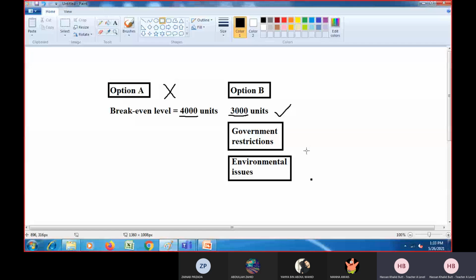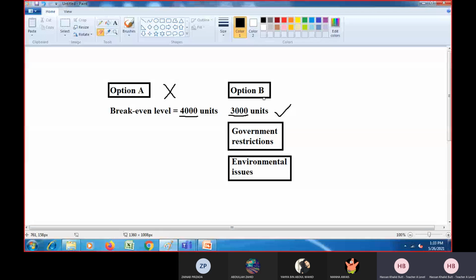So again, a bad image can be spread and people may not like to buy, especially those people who are environmentally aware, who feel that it is the responsibility of businesses to take care of the people living nearby as well, right? So because of these two factors which will be ignored, this option might not be a success. But from break-even analysis, it looks quite obvious that the business should choose option B.